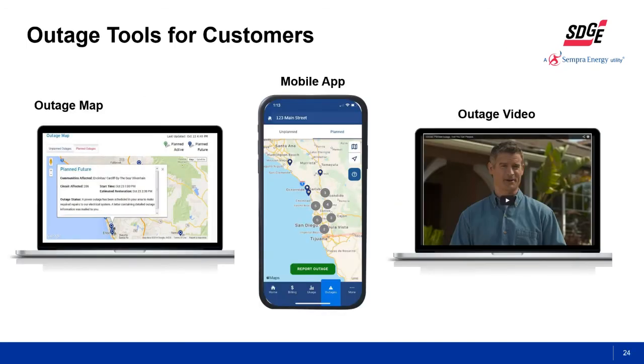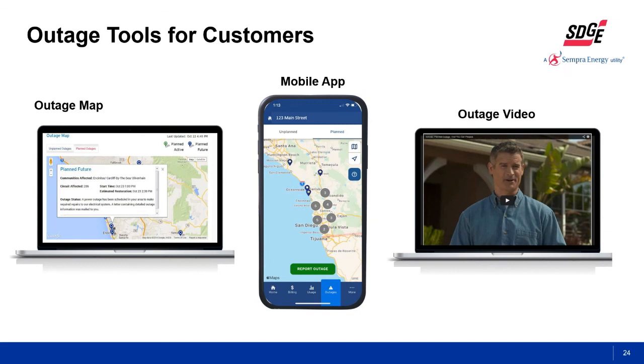There are a number of tools that our customers can use to get information, right? Like I said earlier, everybody wants to know when the lights will come back on. When can we continue our lives? We have real-time outage maps online, from apps for using your favorite device, or online if you find yourself on a PC or a Mac.